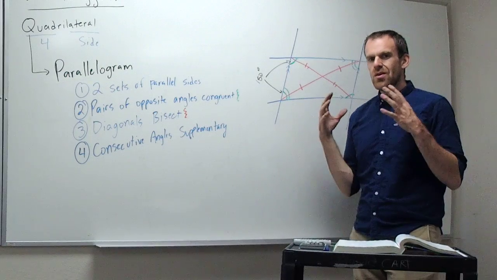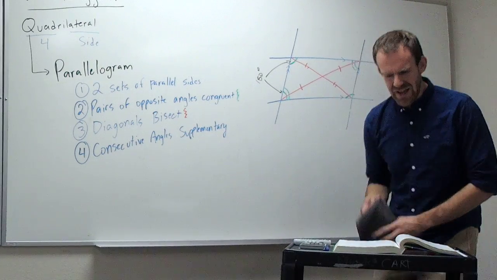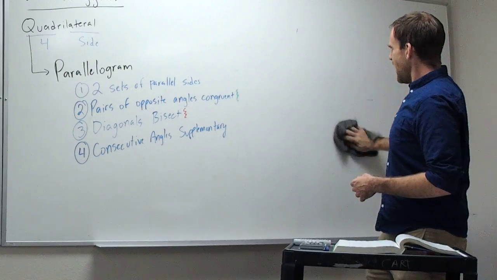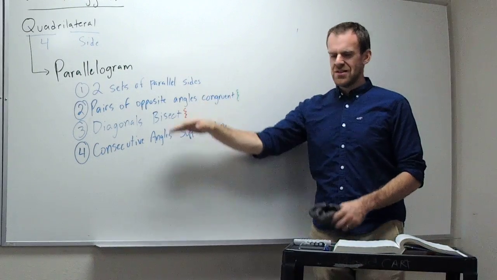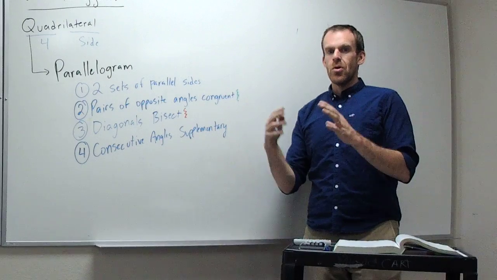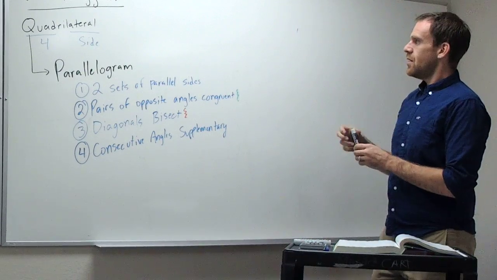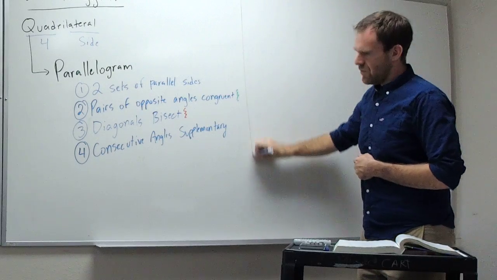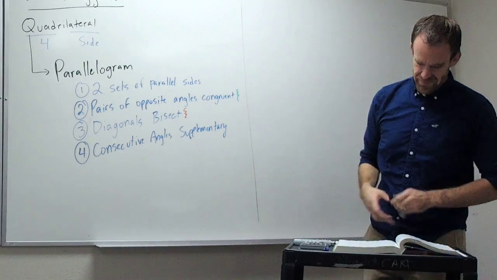Now, let's go a little bit more specific and look at a particular type of parallelogram. Again, all of the same properties of a parallelogram will apply, but we are adding more to that. So let's talk about this shape called a rectangle.